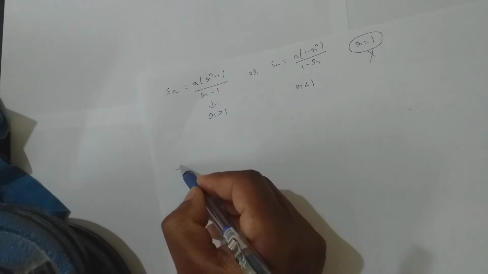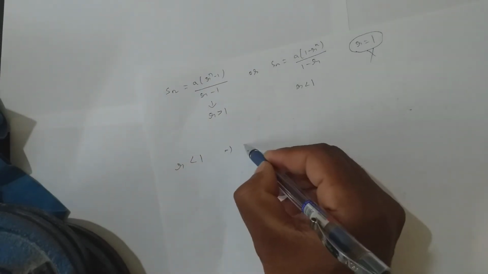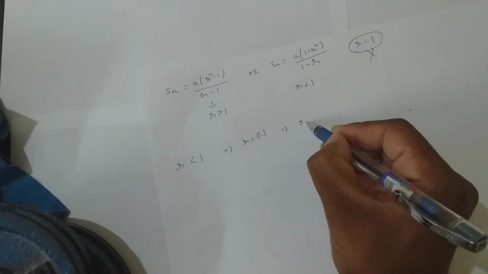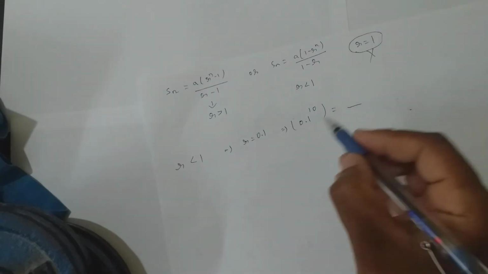Now one more thing. Let me say my r value is less than 1, and assume it to be 0.1. In the calculator, if I put 0.1 power 10, I might get an answer.